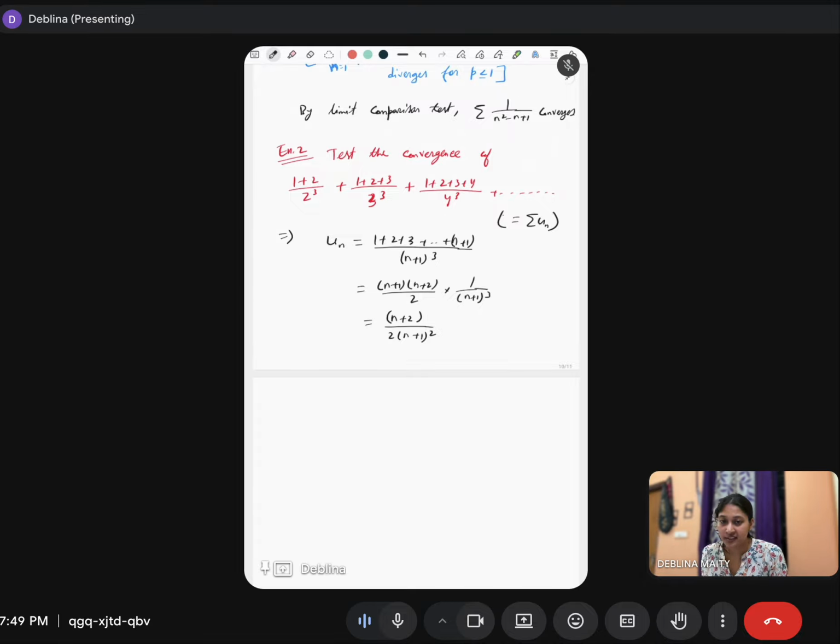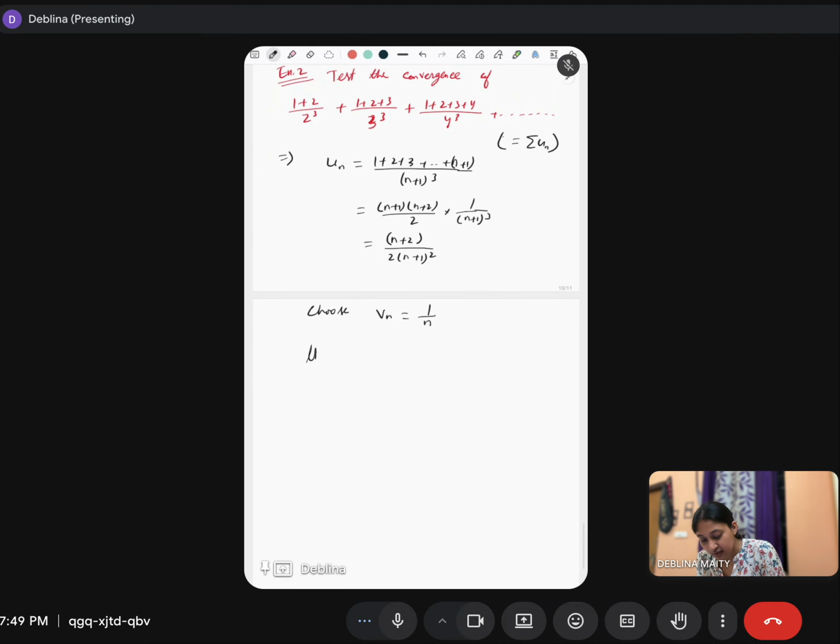Now we'll use the comparison test. So we'll choose vn to be 1 by n, right? Now let's check the ratio un by vn. So it is n into n plus 2 by 2 into n plus 1 whole squared.